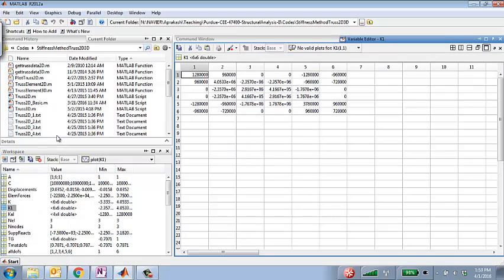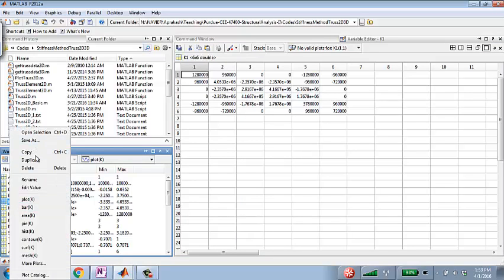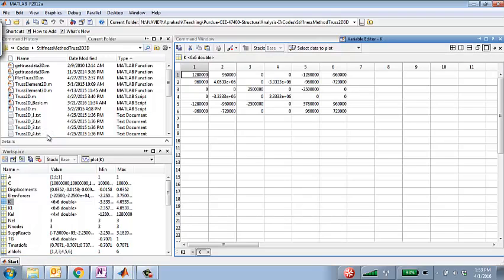So I'll show you one stiffness matrix, that's the global stiffness matrix transformed, and this is the original stiffness matrix. I think I want to also write out some numbers here. So this was the global stiffness matrix.